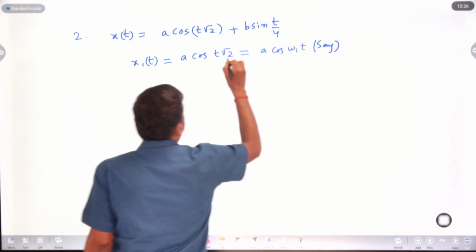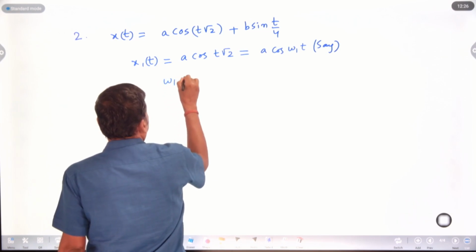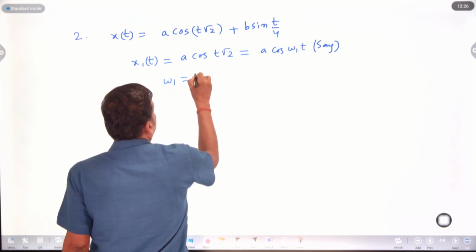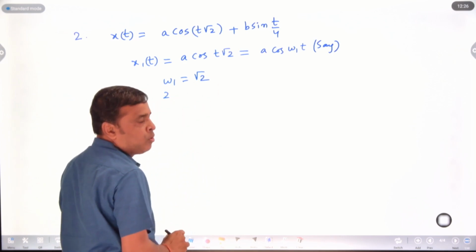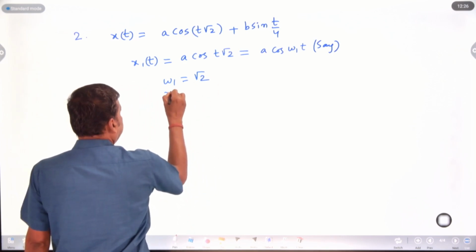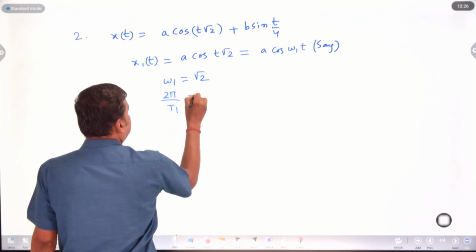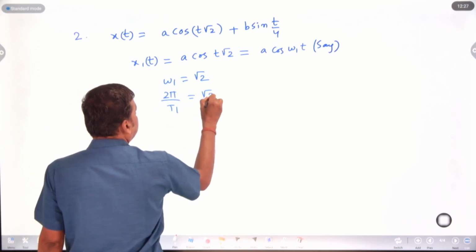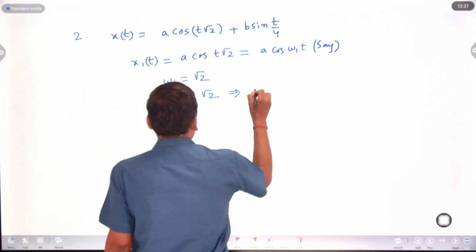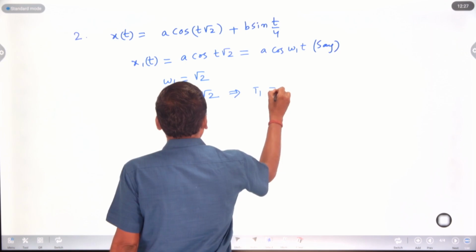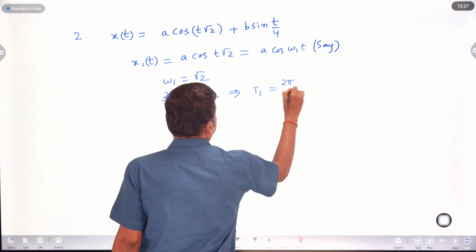Omega 1 value is how much? Omega 1 equals root 2, and omega 1 is 2 pi f, that is 2 pi by T1. So 2 pi by T1 is root 2, which implies T1 equals 2 pi by root 2.